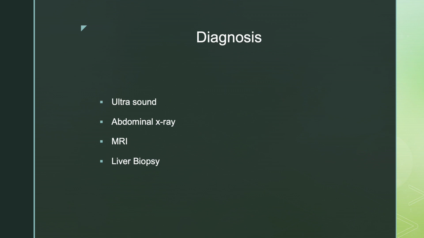An MRI would be used to visualize mass lesions and determine whether the liver has malignant or benign masses. And then, of course, liver biopsy is the most definitive. A liver biopsy identifies the progression and extent of the cirrhosis.